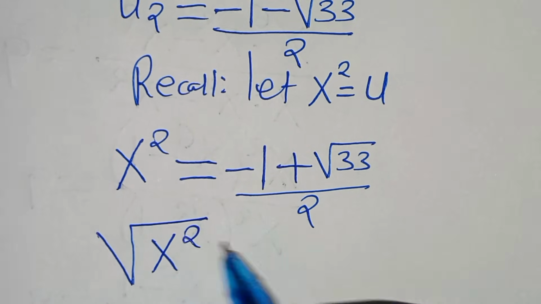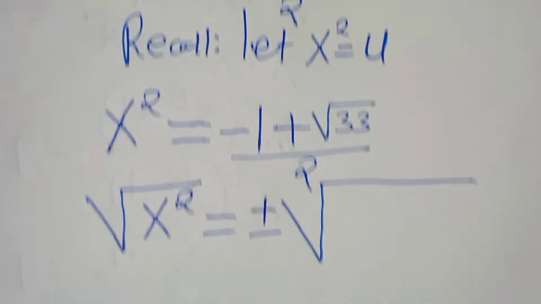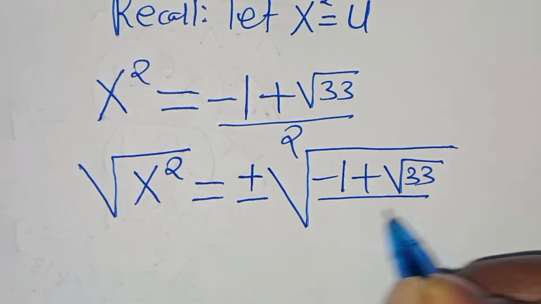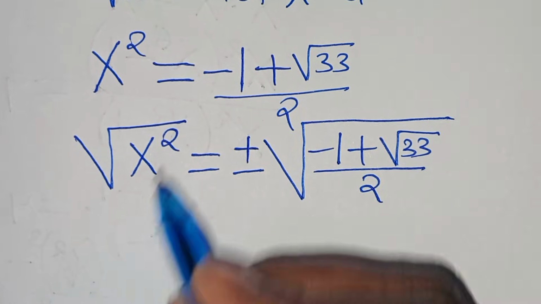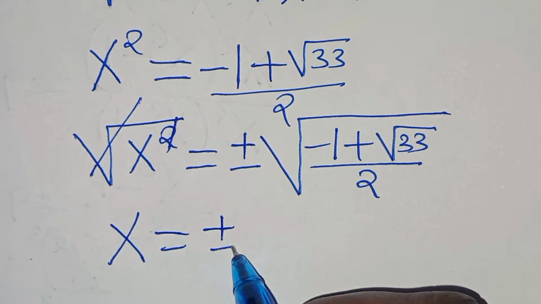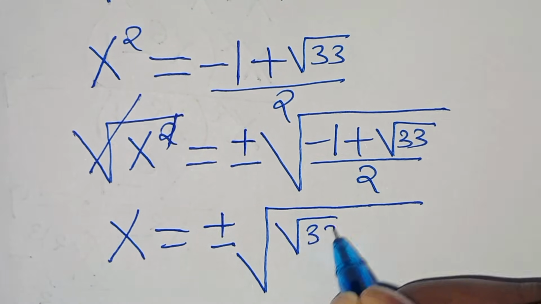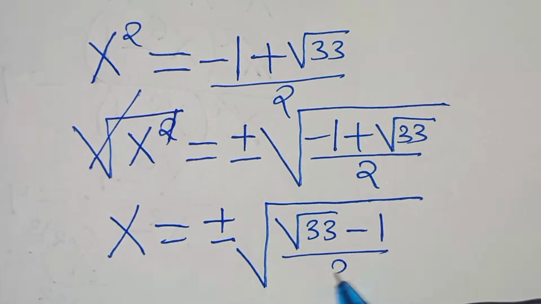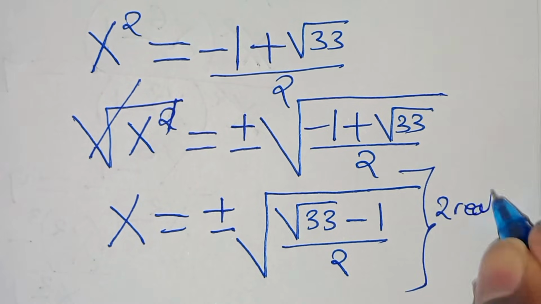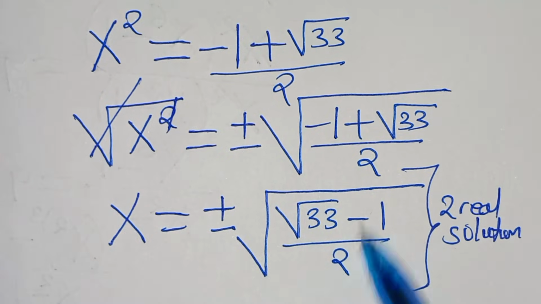We have the square root of x squared equal to plus or minus the square root of minus 1 plus the square root of 33 divided by 2. Now let's eliminate the square root sign so that x is equal to plus or minus the square root of root 33 subtract 1 divided by 2. So here we have two real solutions.